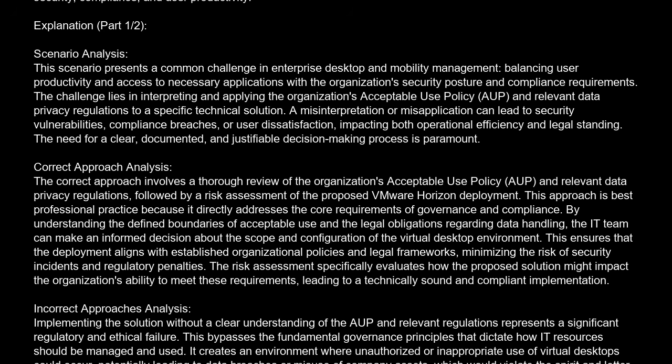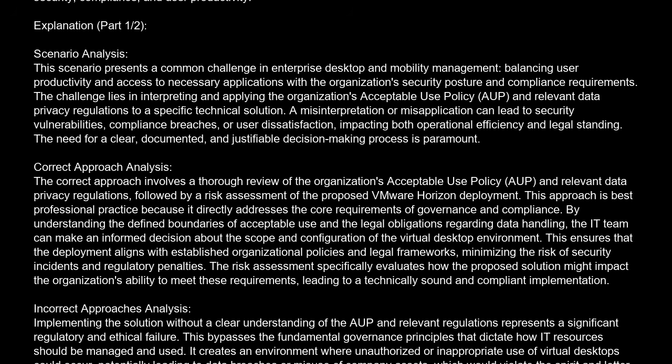This ensures that the deployment aligns with established organizational policies and legal frameworks, minimizing the risk of security incidents and regulatory penalties. The risk assessment specifically evaluates how the proposed solution might impact the organization's ability to meet these requirements, leading to a technically sound and compliant implementation.